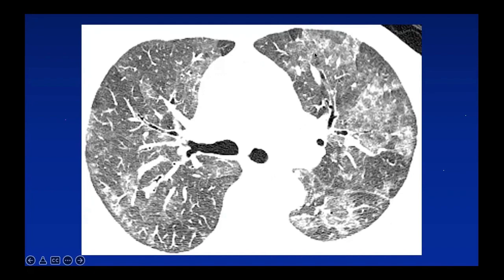And notice between the lucent areas and the rest of the lung, there are sharp demarcations. So this is mosaic attenuation. There are sharp demarcations. Look there as well, even here. Mosaic attenuation is definitely present.